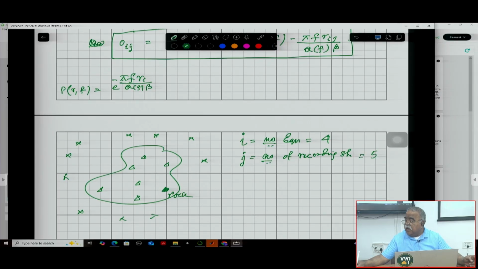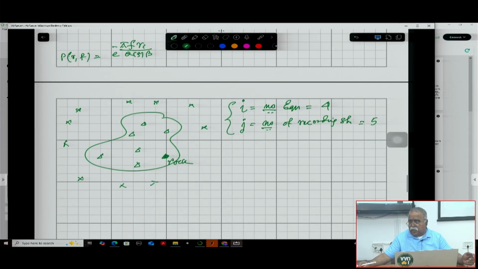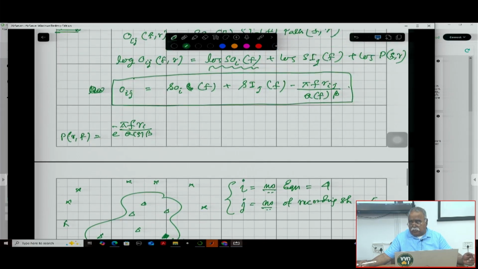Some records are available. Ideally it should be 20 records, but due to some stations not recording all the time, we need to adjust for it, right?